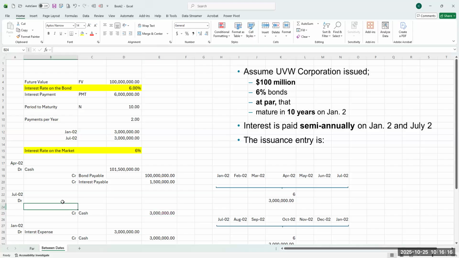But of that cash 3 million, for me, my interest expense will be only 1.5 million. The other 1.5 million is the money that I collected from him. I'm going to give it back to him, and I'm going to close this interest payable. Make sense?